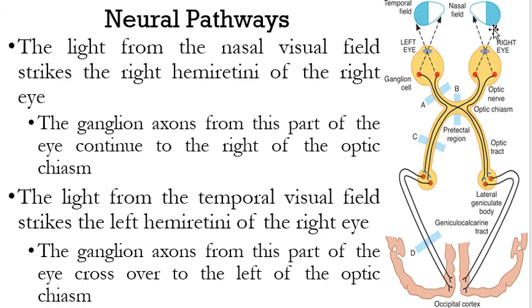The temporal will go to the left hemiretina, and it will cross over, be more medial, and then form the calcarine tract to the occipital lobe. The nasal will go to the right side and then stay ipsilateral, and then synapse in the LGBs, staying more lateral.